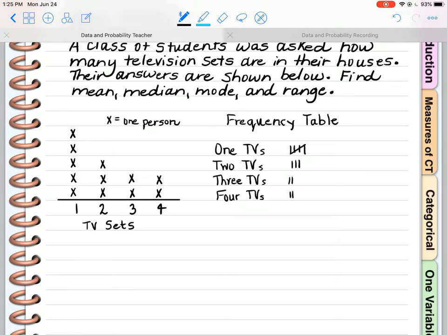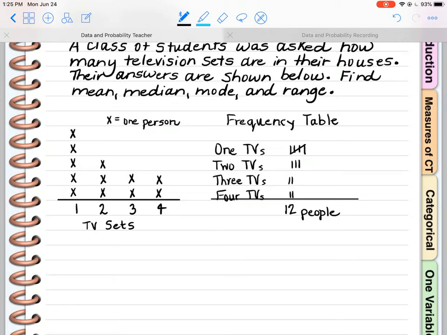If I count the X's or the tally marks, some people I much prefer tallies. They're much easier for me to count. Either way, I have a total of 12 people. So there are 12 students in this class, and I know that by counting the X's or by counting the tally marks.